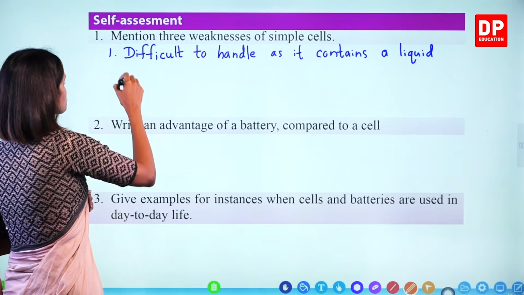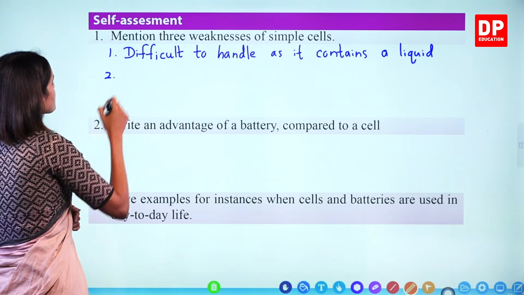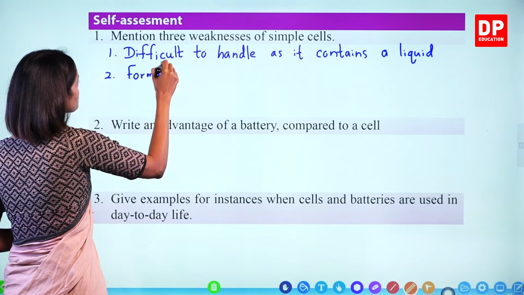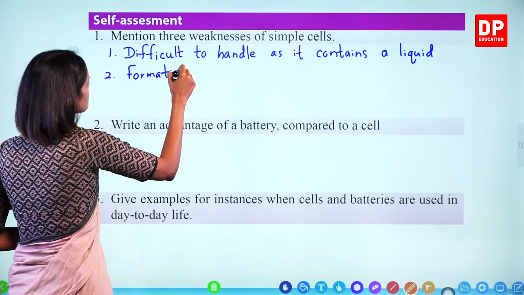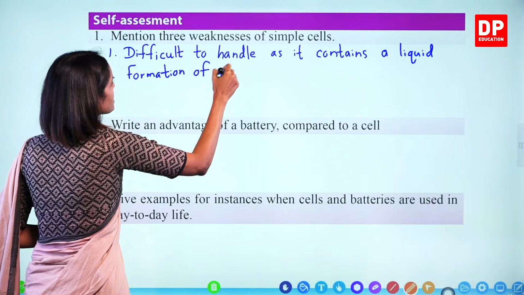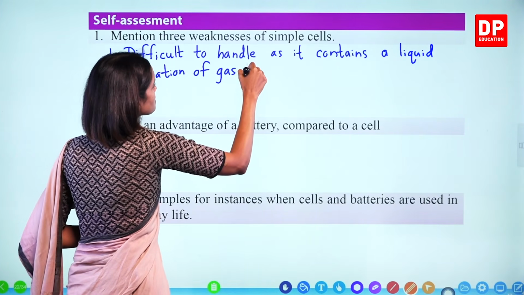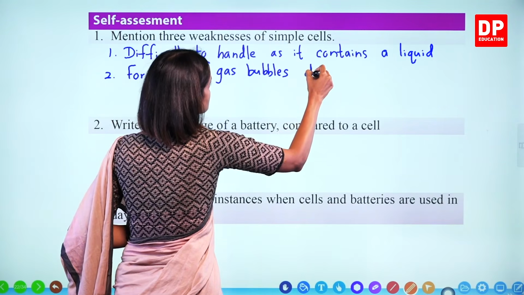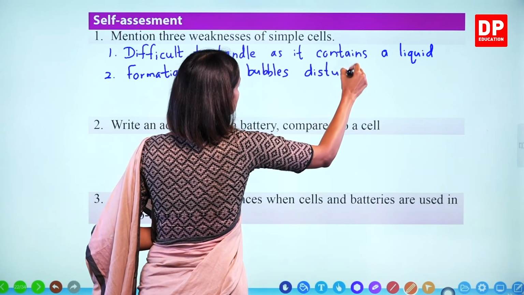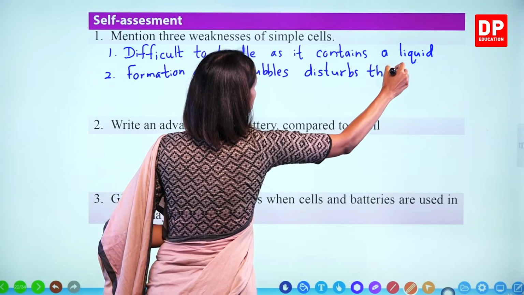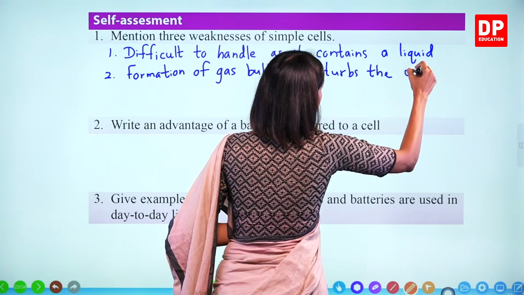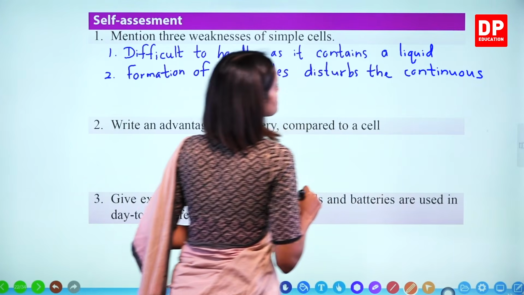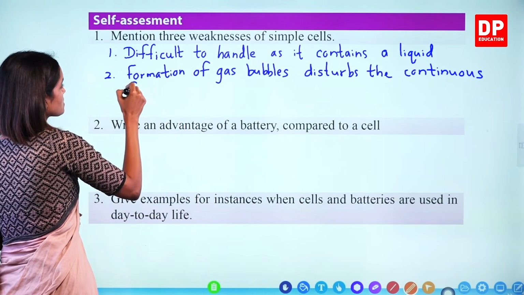Right? Number 2. Formation of gas bubbles disturbs the continuous flow of electricity.